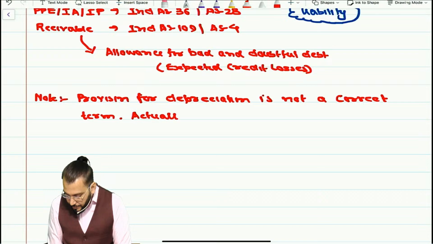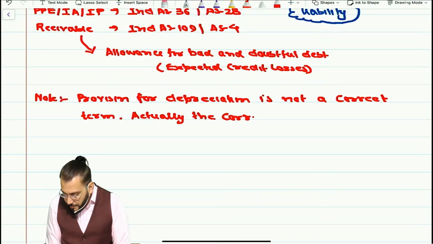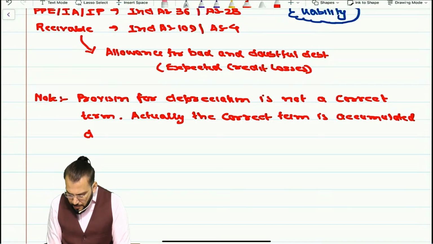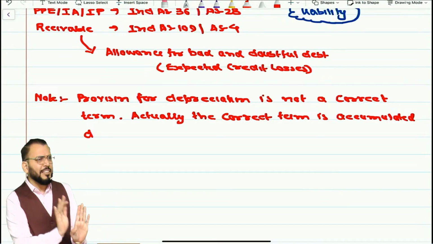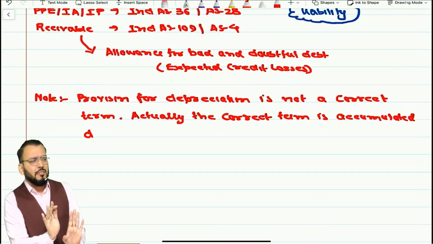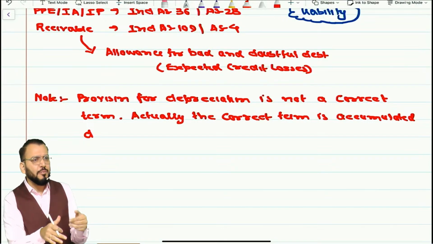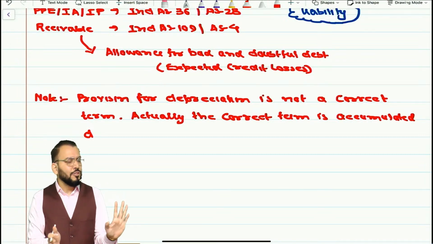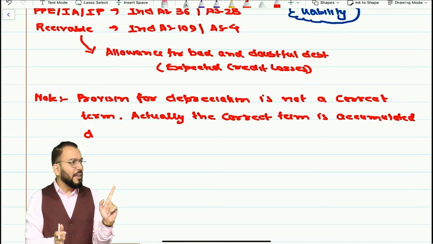Actually, the correct term is what? Accumulated depreciation. Means as per AS also it is accumulated depreciation only. Why we are using provision for depreciation, that we need to ask a question, na. We should not use it in CA Inter also. Are you able to understand what I am saying?